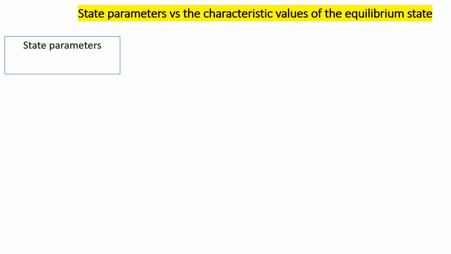Remember, state parameters are those which depend on the choice of the engineer, first, and second, those which have a significant influence on the equilibrium of materials. So the first such state parameter is C, which is the number of components selected by us. The second one is the identity of those components selected by us, which are actually the chemical symbols of the elements or the compounds we selected for the components.